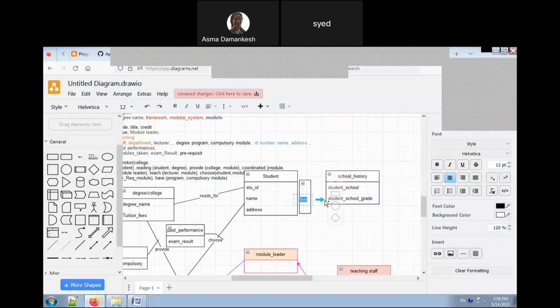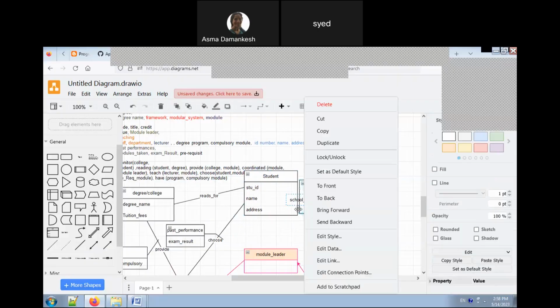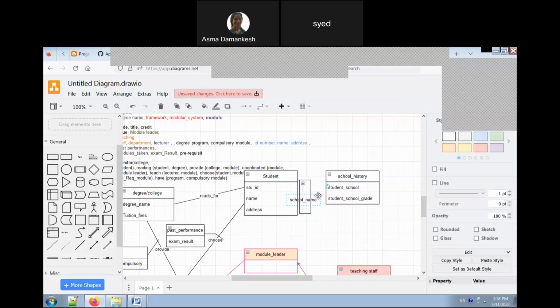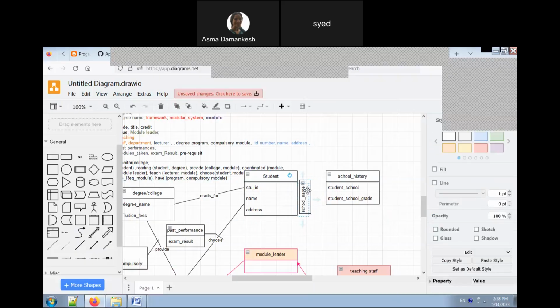Let's call this school name. How can I make this upside down? Yeah, something like that, which is attached to this.